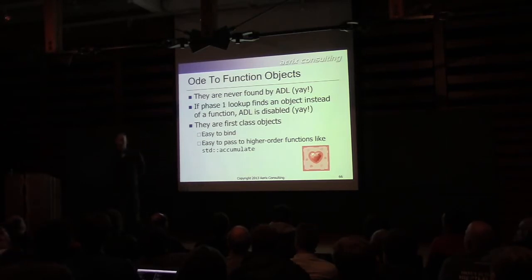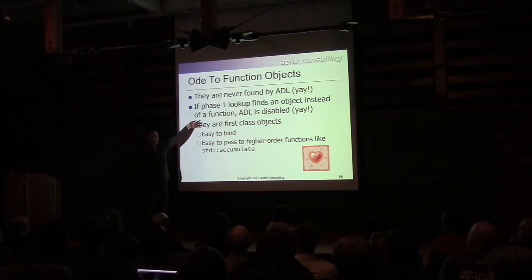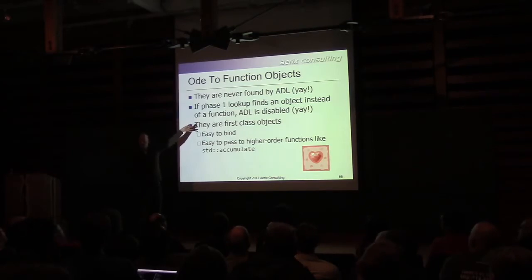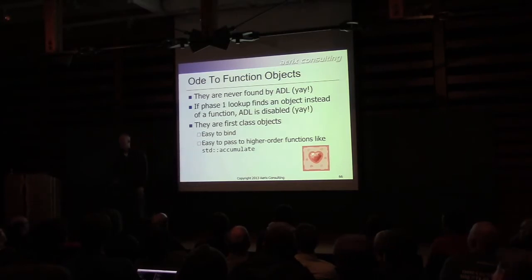You've heard that, right? People tell you, oh, qualify your function calls, you don't want ADL. Now you don't have to. If your functions are actually objects, then you can just call them as long as they are visible, without qualifying them and not worry about ADL. It's pretty great.